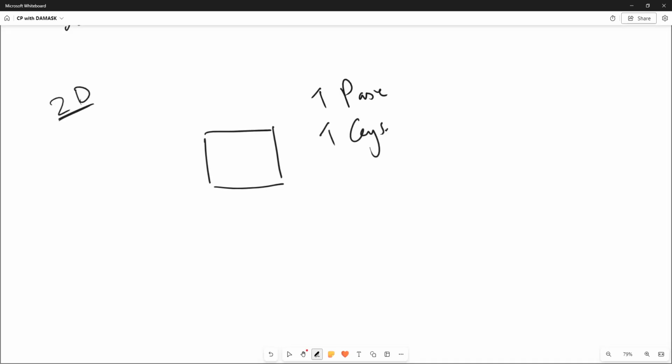If I want to define a case, I will start with the 2D case because I can draw it on a plane. It is easy to visualize. Okay, so if I want to define one material, so I'm writing here one phase, one crystal.